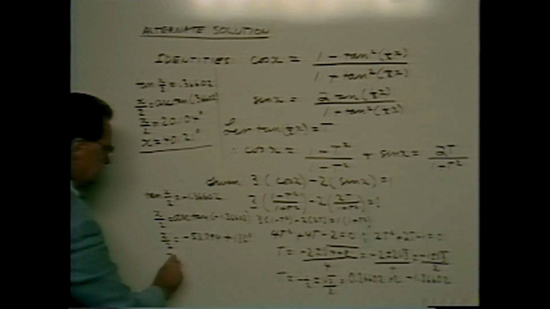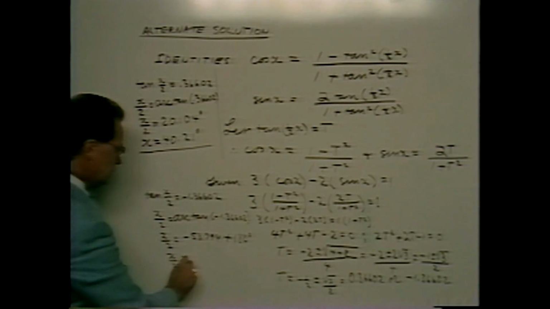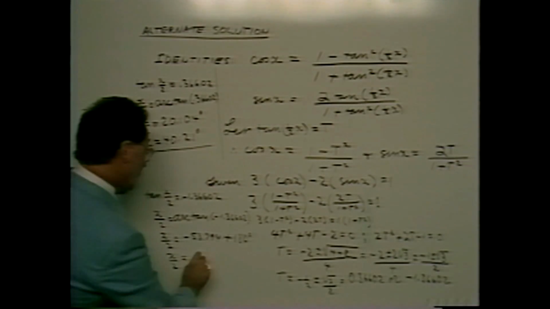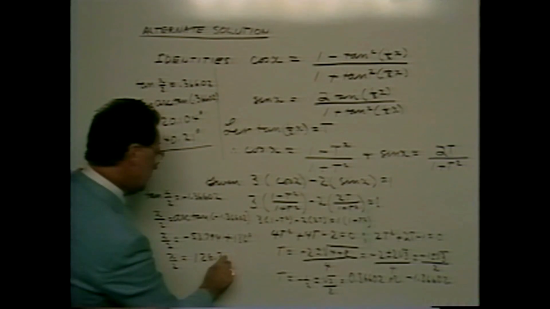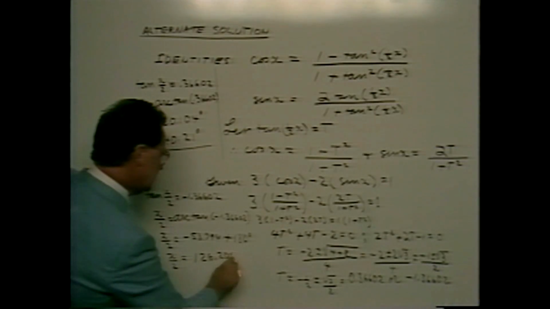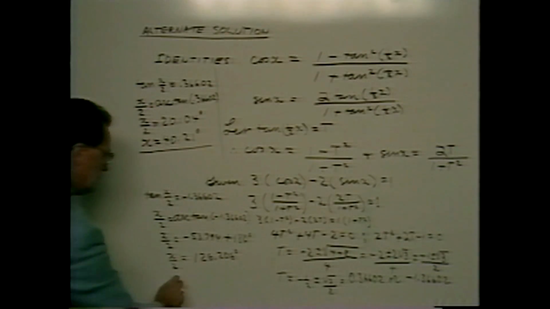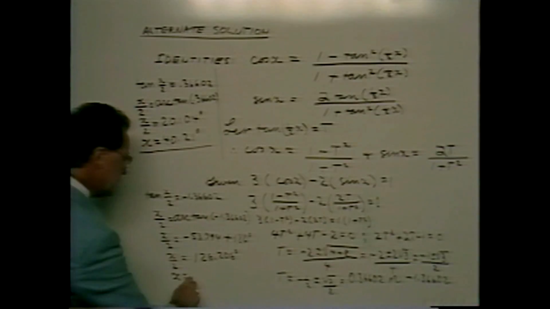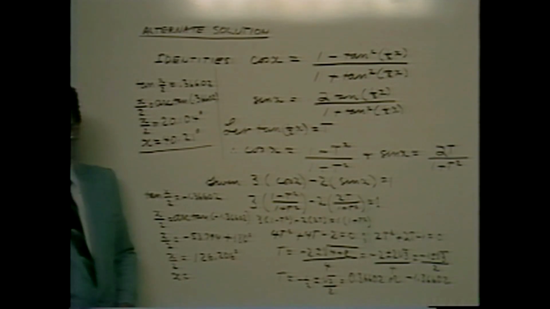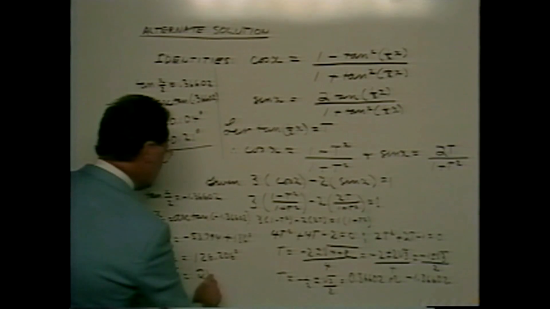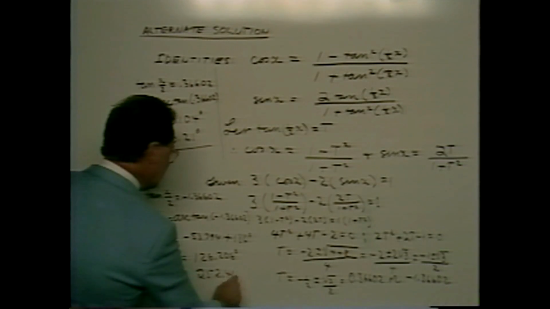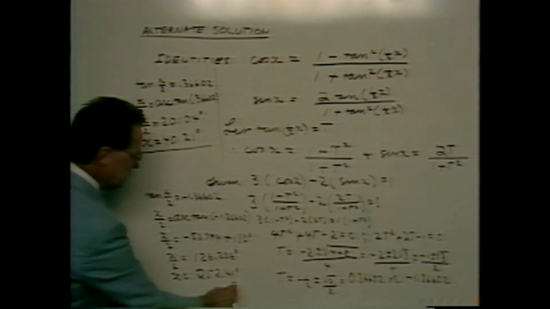And so we have that x over 2, based on this calculation, is equal to 126.206 degrees. Consequently, multiplying both sides by 2, we have that x is equal to 252.41. The same answers we found before.